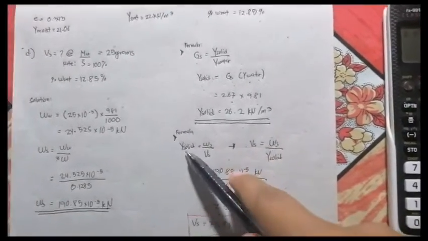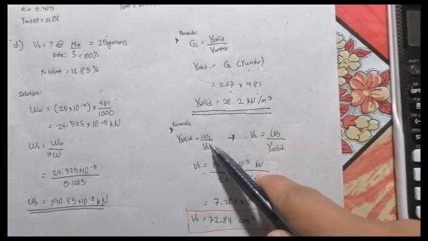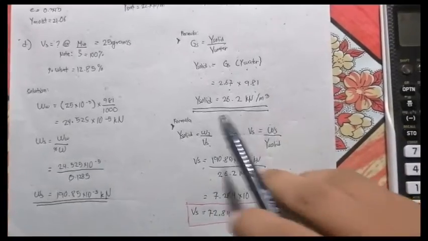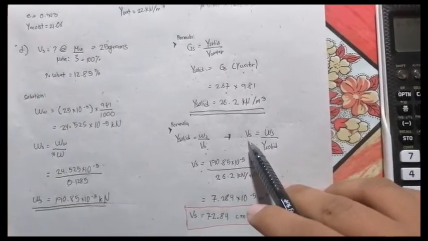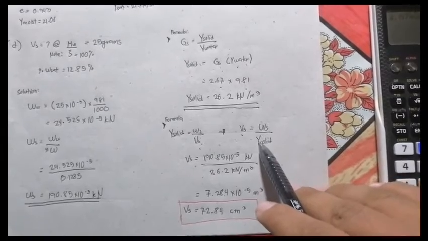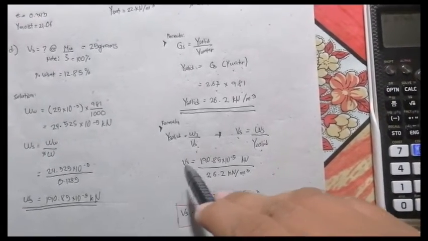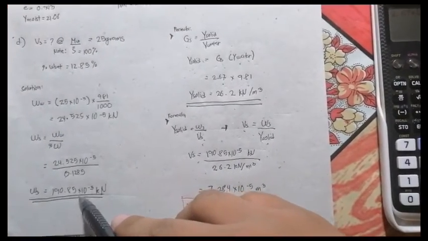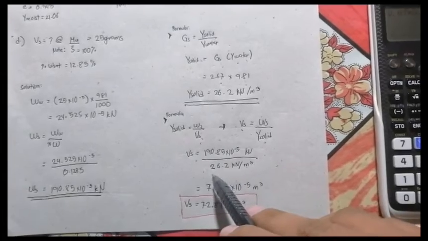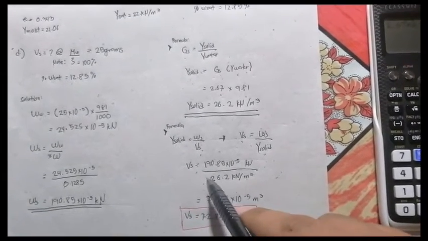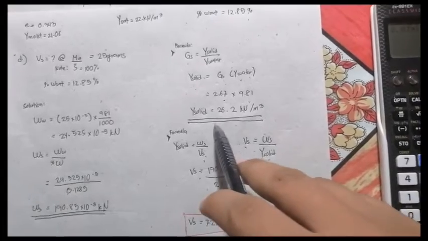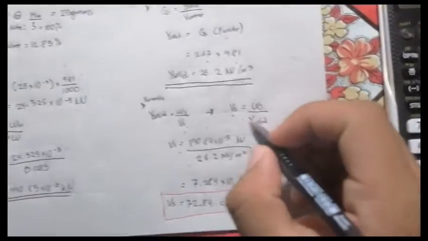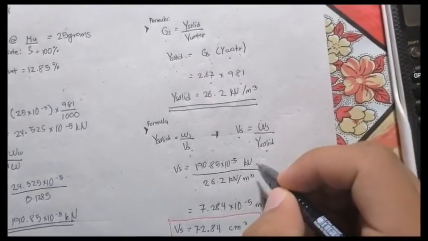So, meron tayong formula dito na ang unit weight ng solid natin ay equal to weight ng water over the volume of the solid. So, kailangan natin kunin tong volume of solid. So, yan. Volume of solid is equals to the weight of water over the unit weight of the solid. So, yeah. Weight of water natin, ayan, is 190.85 times 10 to the negative 5 kilonewton. And then, ang ating unit weight ng solid ay 26.2 kilonewton per cubic meter. So, yan, makancel tong dalawang kilonewton.